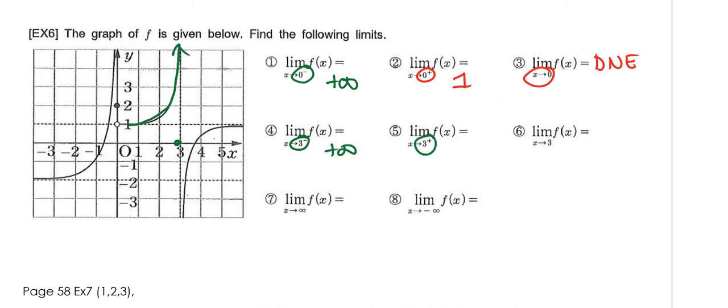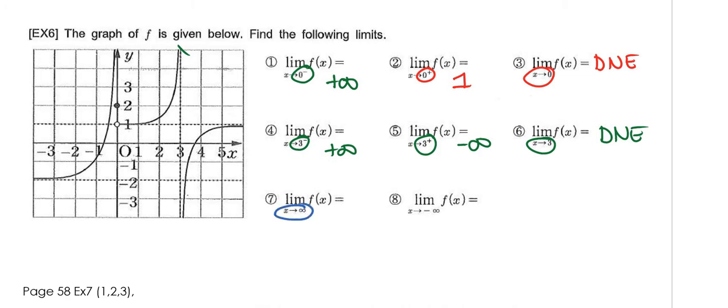If I'm approaching 3 from the right-hand side, I need to use this part of the graph and follow 3 from the right, and I go to negative infinity here, so this answer will be negative infinity, and this answer does not exist for part 6 because the left-hand and right-hand limits are not equal. All right, let me just erase those colors there, and let's move on to number 7.